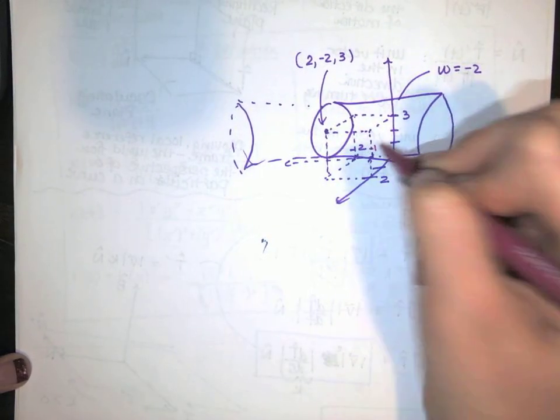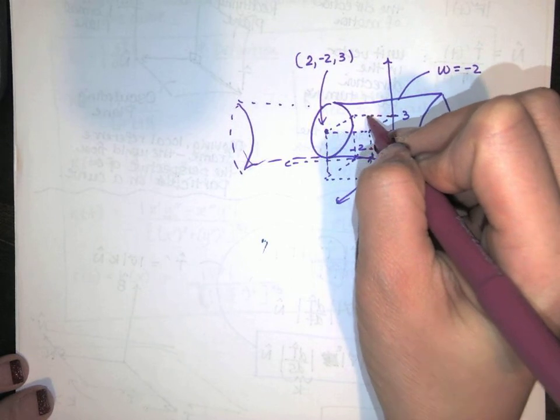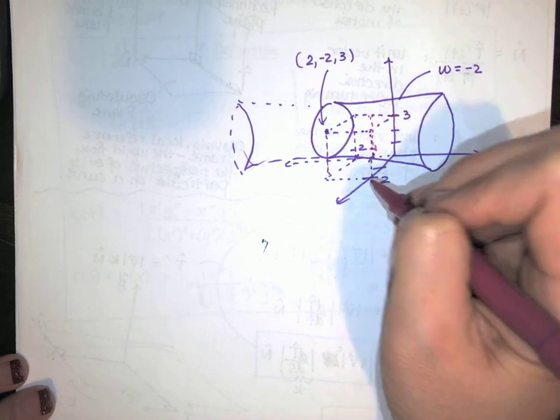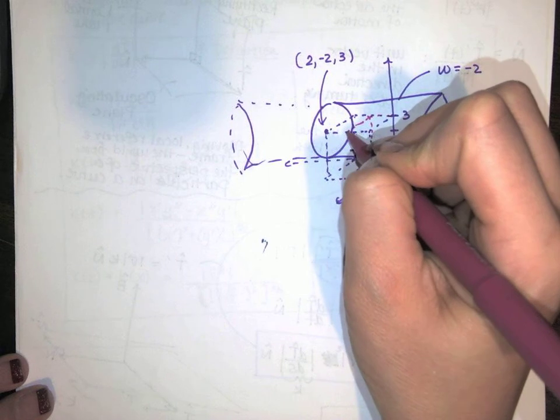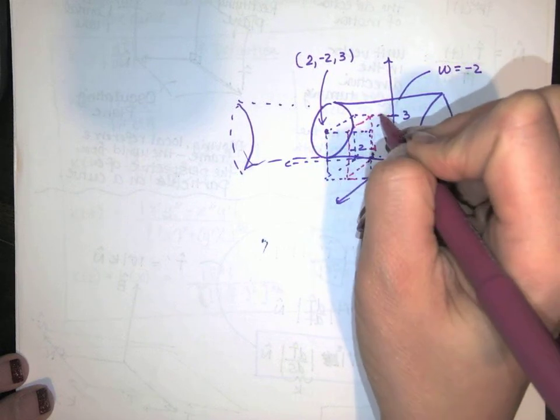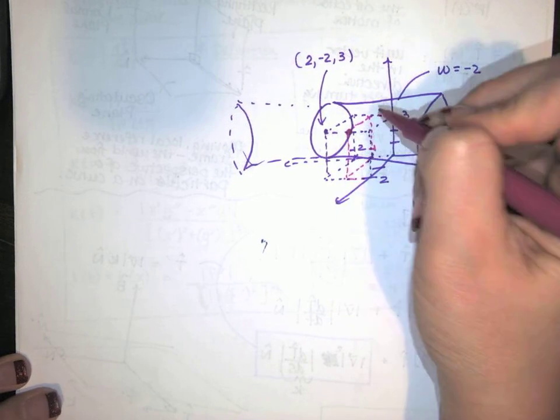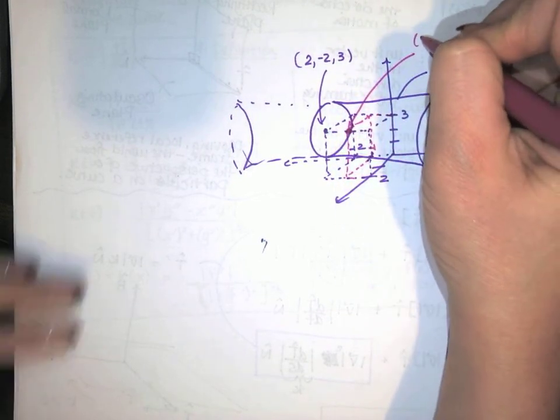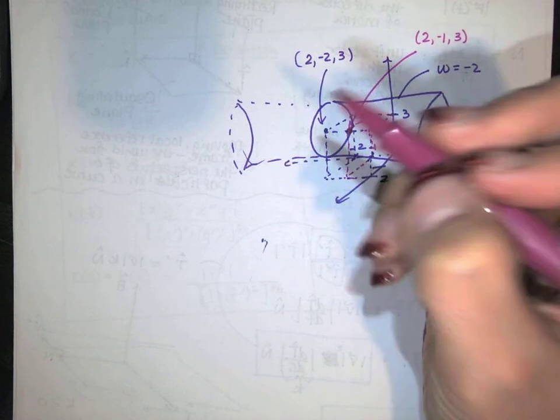Okay, so that's y equals negative 1. So I'm drawing my rectangular box. It's a little bit hard to see because this box is inside the other box. And this is the point in the center for the new hyperboloid of one sheet.